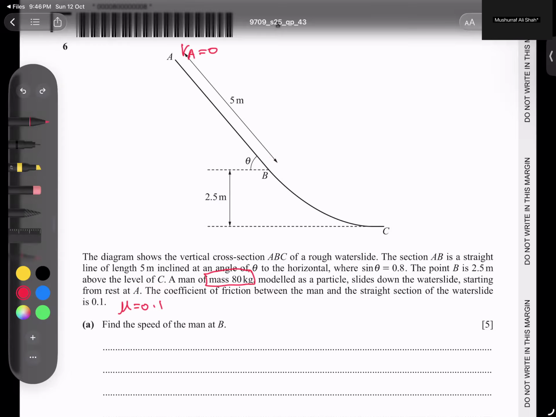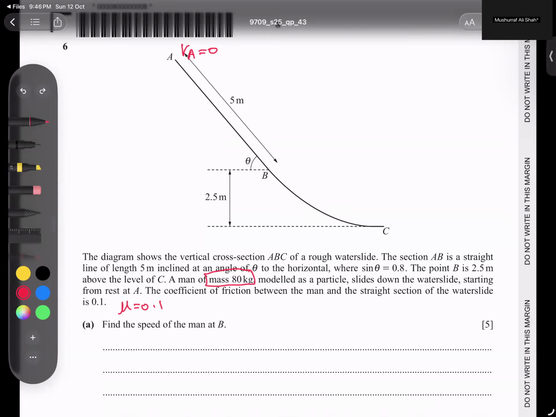Because of the coefficient, we can find acceleration, number 1, and number 2, we can apply the magic formula as well. Both work. So let's try first the Newton law technique. I think better to use Newton law.